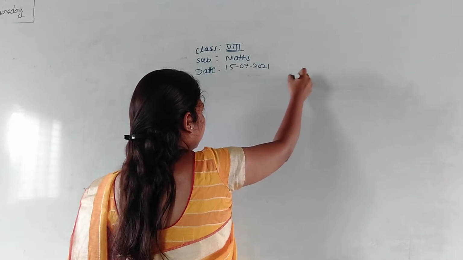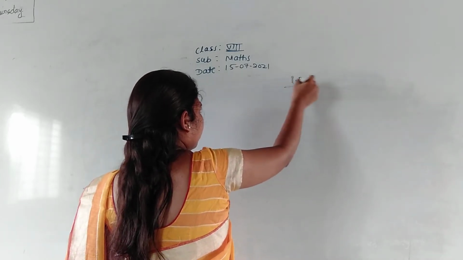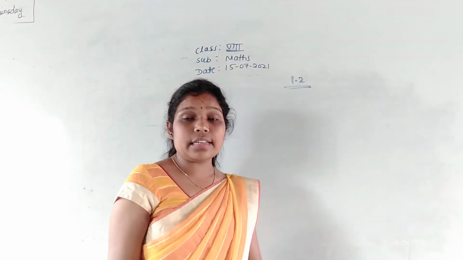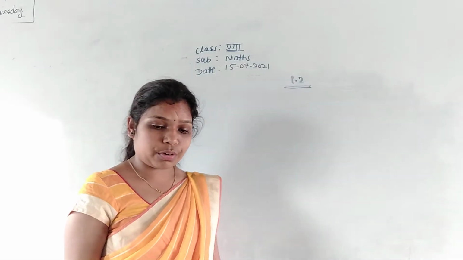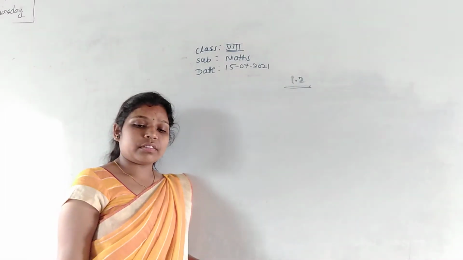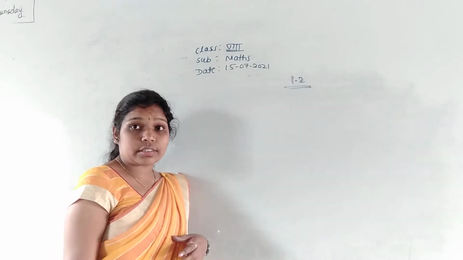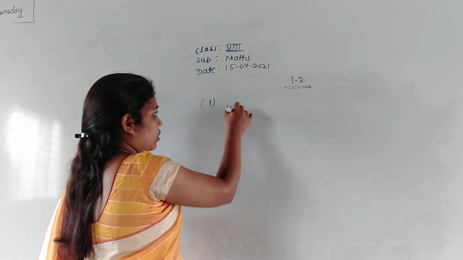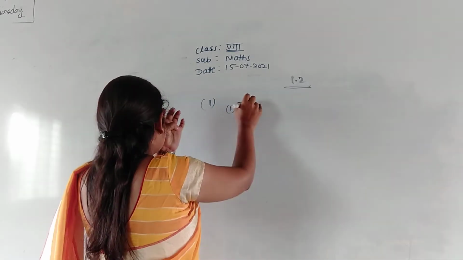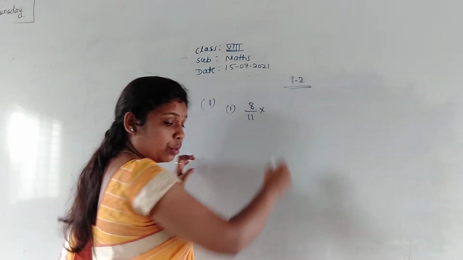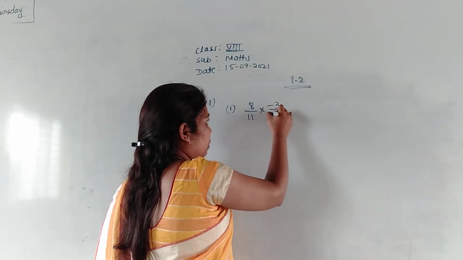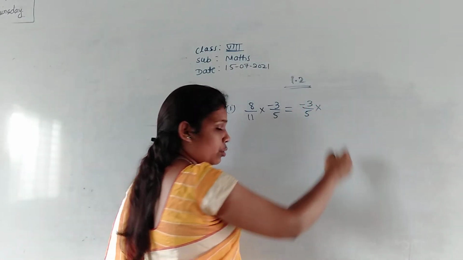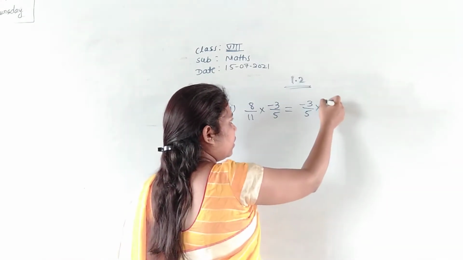Exercise number 1.2. In that, first one: identify the properties used in each of the following. They have given some properties here, and you have to tell which property they use. The first question is 8 by 11 into minus 3 by 5 equals minus 3 by 5 into 8 by 11.